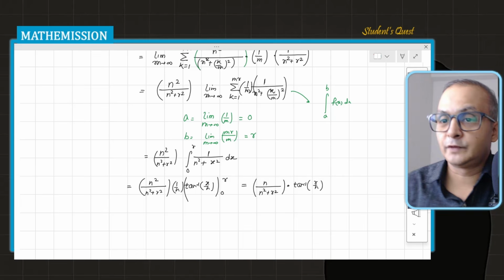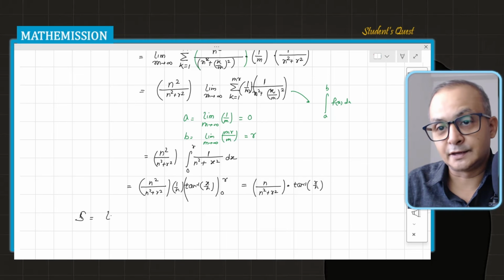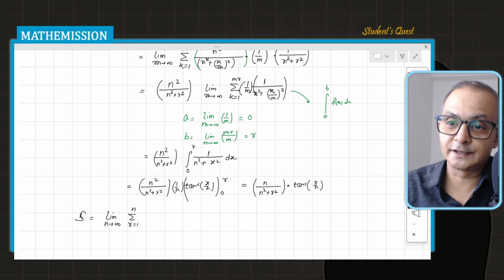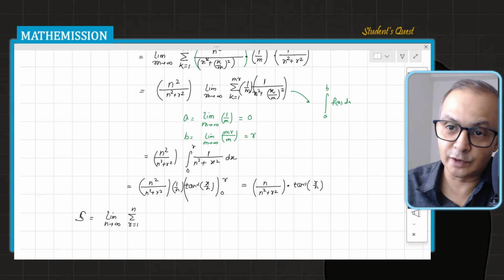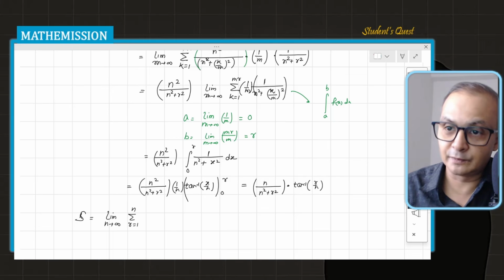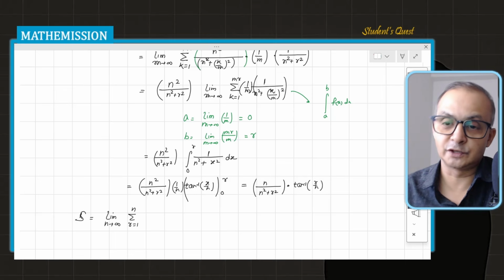So what we write here, the final sum S, I am going to write as limit n approaches infinity and summation r goes from 1 to n. So you can see that now its summation is going from 1 to infinity, because n is approaching infinity, so the r is running through 1 to infinity.